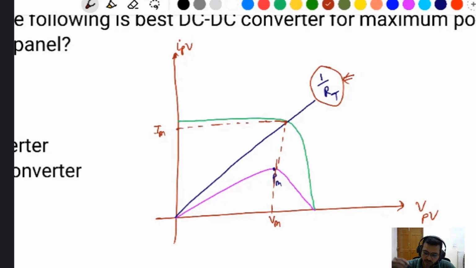It means if a solar panel specification is given with the voltage at the maximum power point and the current at the maximum power point, and the load profile matches the PV panel, then you get the maximum power.